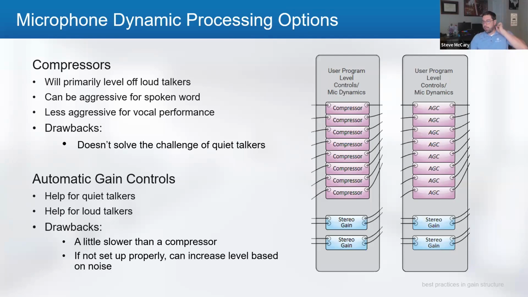So generally, a well-crafted automatic gain control will help you with the differentiation between, if I'm talking on a mic and I've got this kind of big loud voice, and then I hand it to someone who has maybe a little bit of a higher pitched voice that's not as loud. The automatic gain control is the ticket to help you smooth that out a little bit. It just takes some time to dial that in.